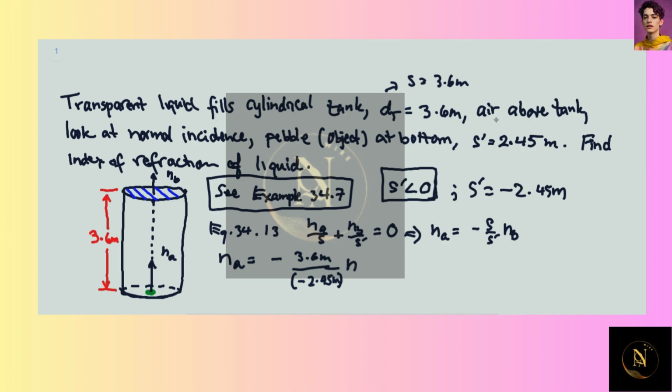We're told that there's air above the tank, so NB is just 1. So times 1. Notice that we have a positive number here, and the answer that we get is 1.47.